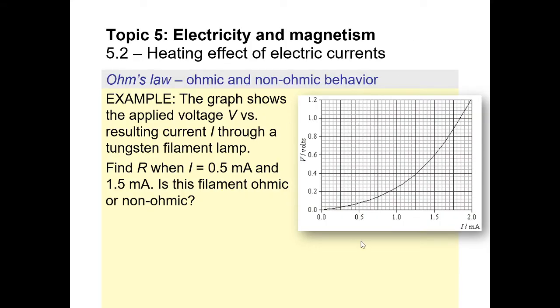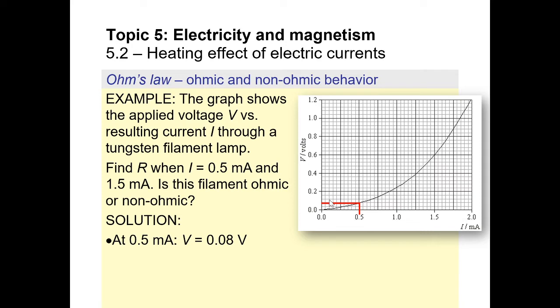If I want to find the resistance at 0.5 milliamps, my horizontal axis is already in milliamps and my vertical axis is in volts. So at 0.5 milliamps, I can see the Y value, well, let's take a look. For 1, 2, 3, 4, 5 boxes, I have 0.2. So imagine that was 20.